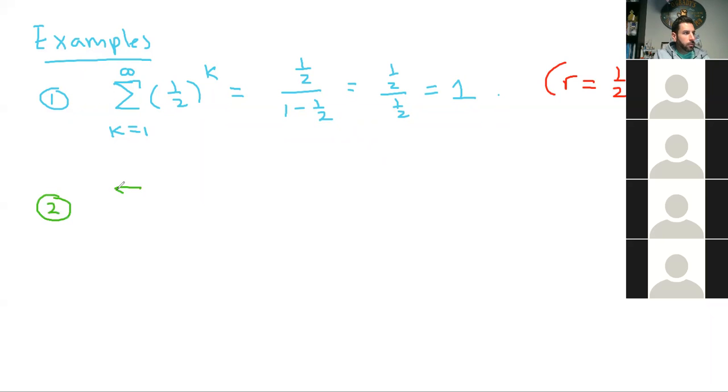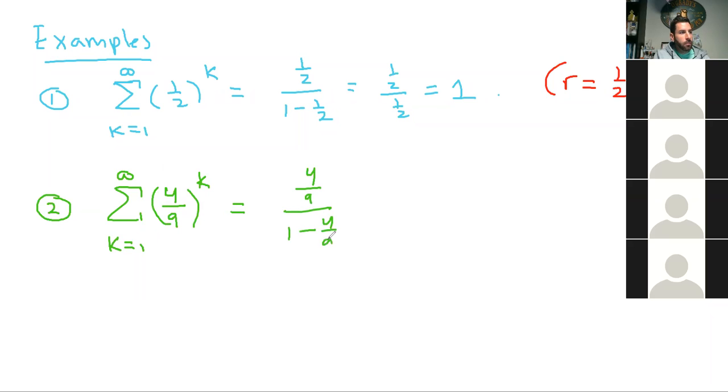Let's do one that we didn't do. So this can be similar to the homework. How about we go k goes from 1 to infinity of 4/9? 4/9 is between -1 and 1. So this sum is 4/9 over 1 minus 4/9, which is 4/9 over 5/9, which simplifies to 4/5.